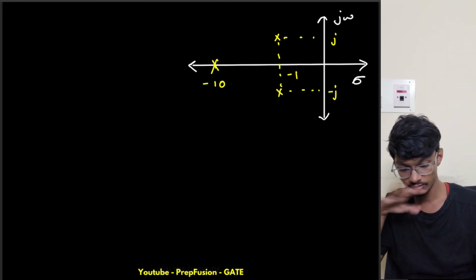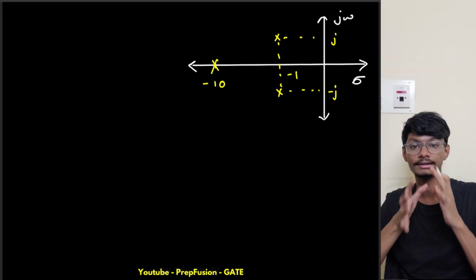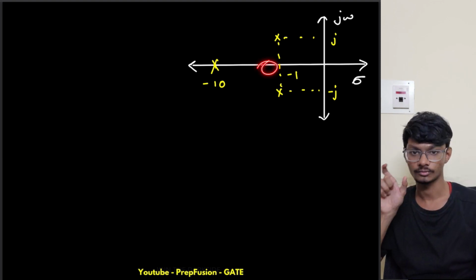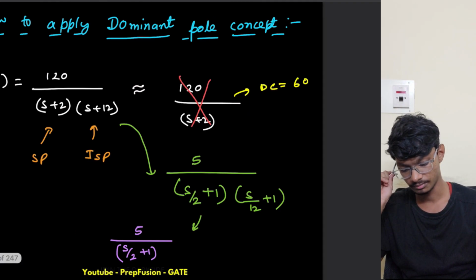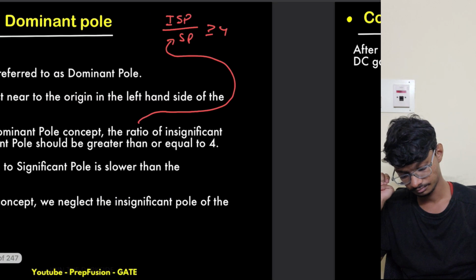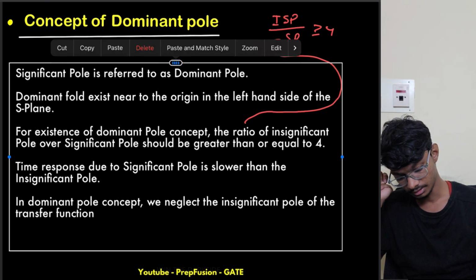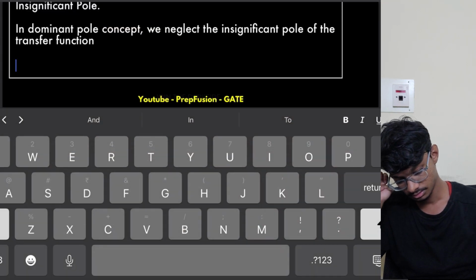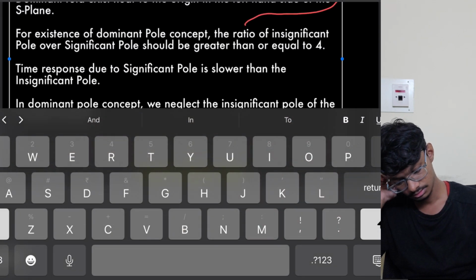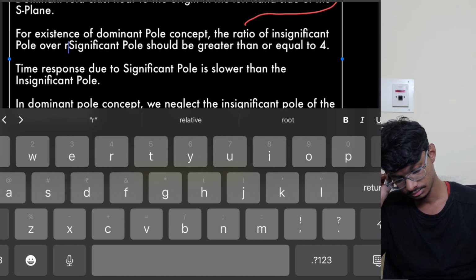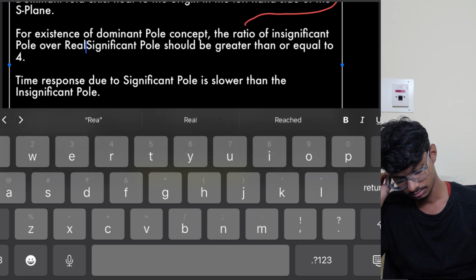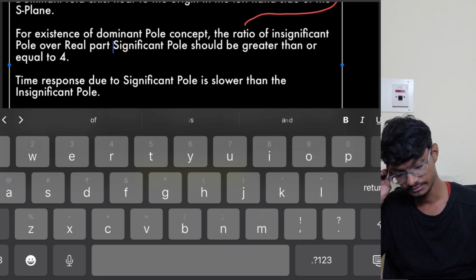So here what we see is we have to compare the real parts of the poles, right? Okay, here I missed one part, that we have to compare the ratio of the real parts. Okay, this is very important.